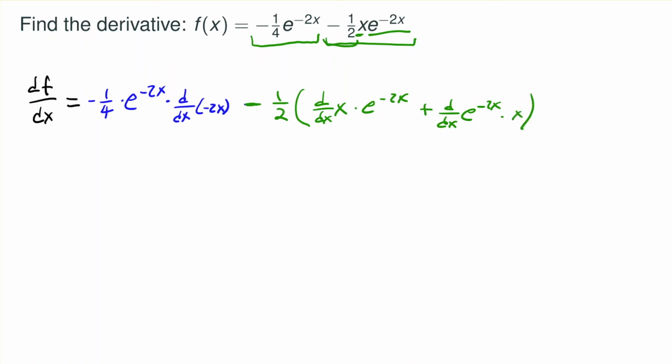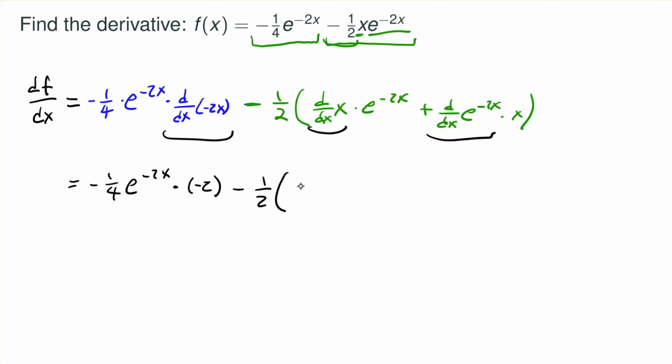So next line, let's simplify more. We'll take the derivative of each component, this one, and this one. So negative 1 over 4 e to the negative 2x multiplied by derivative of negative 2x is negative 2, multiplied by negative 2, minus 1 over 2.